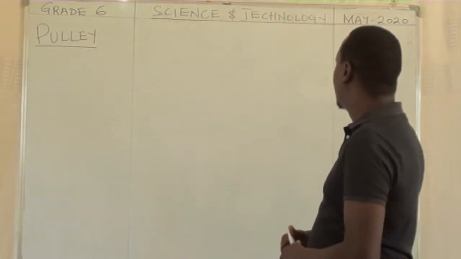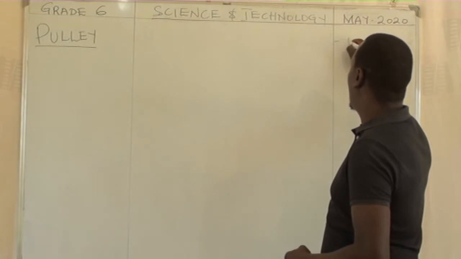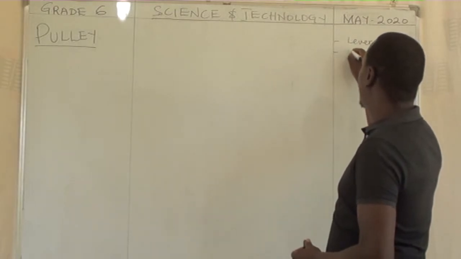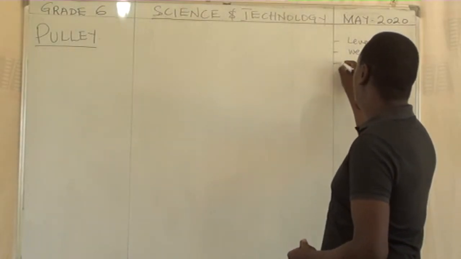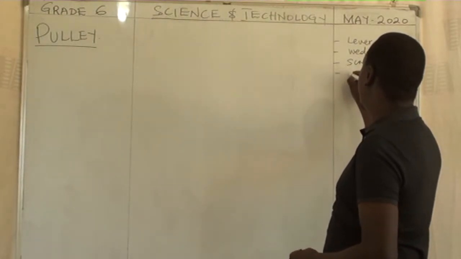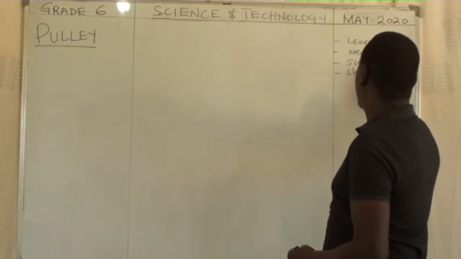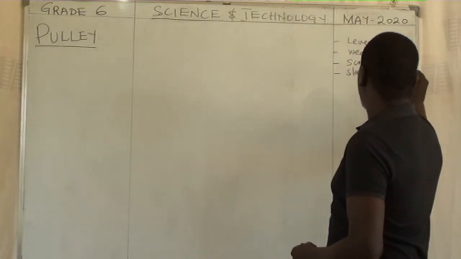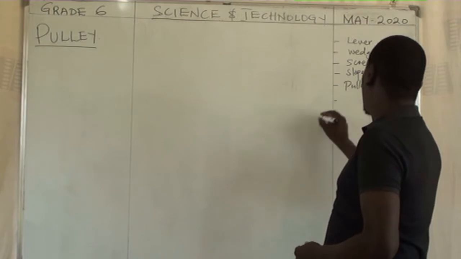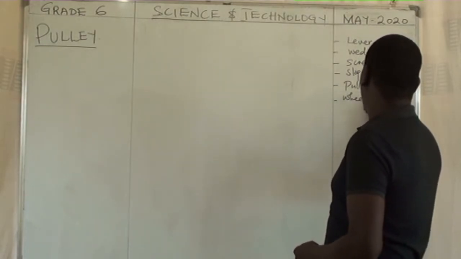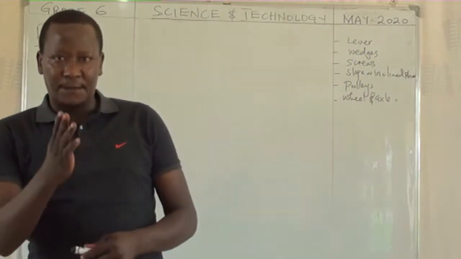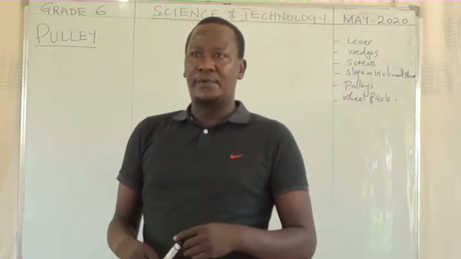If we go through them very fast, we have: number one, a lever; number two, wedges; number three, screws; number four, slope and inclined plane; number five, pulleys; and lastly, the wheel and axle. Those are the six categories of simple machines that we listed in our previous lesson.